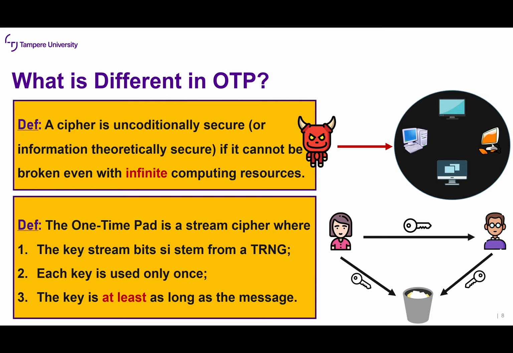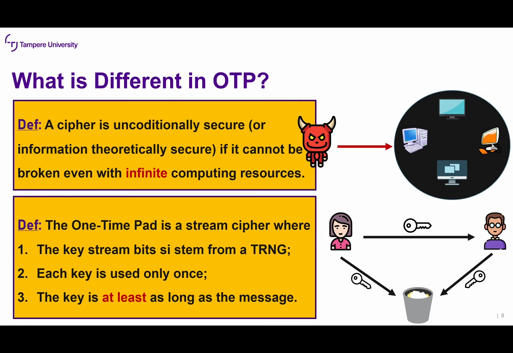And if you do this, then you are losing the randomness that you used in order to create the OTP key for your encryption. So keep in mind that the key needs to be at least as long as the actual message that we wish to encrypt.